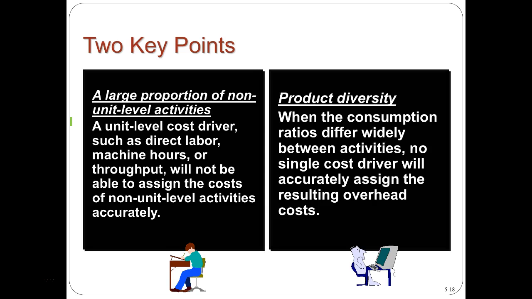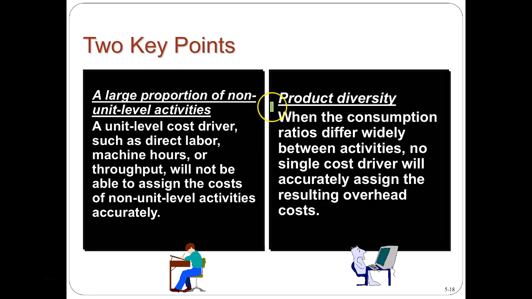If, on the other hand, we have these things that are at the batch level, and we have a lot of things that are at the higher levels of the allocation, then we're going to have this distortion if we just choose this one unit. So a one-unit cost driver, such as direct labor, machine hour, or throughput, will not be able to assign the cost of non-unit level activities accurately.